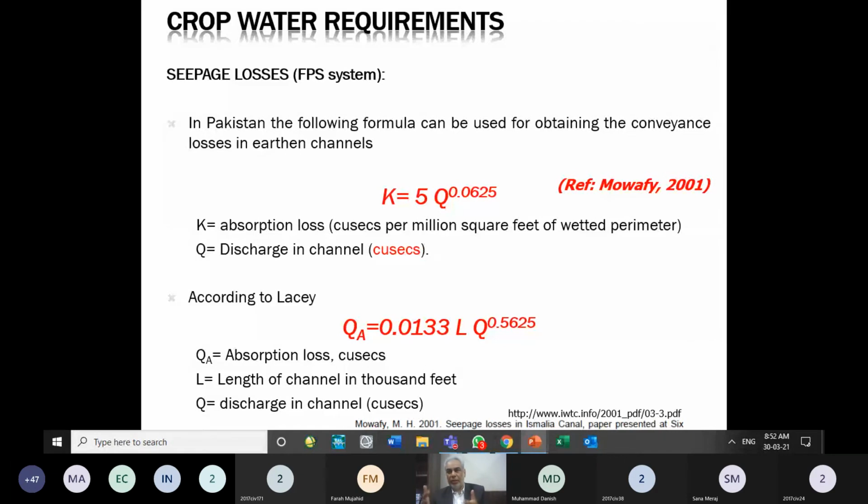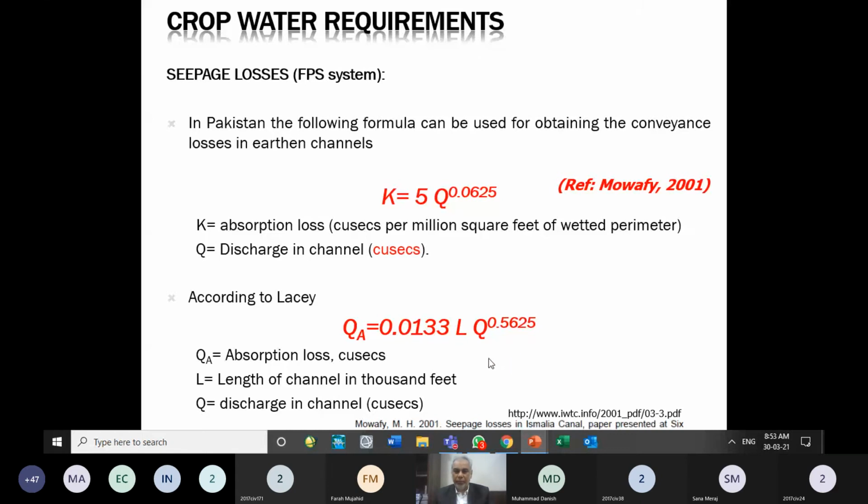So losses are measured in a systematic way, by measuring the discharge at one place in the canal, measuring the discharge at another place in the canal, and we stop any outtake from any outlet. If there is no outflow from the canal, then the difference will be only because of evaporation and seepage. Using those data, this formula has been developed and utilized in most canal planning, and you can use this formula also for conveyance loss calculation in the lab part, 0.0133.